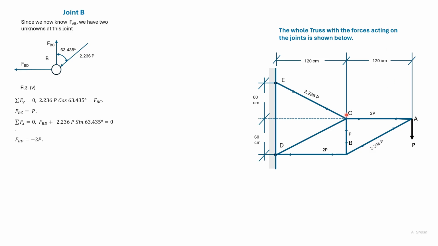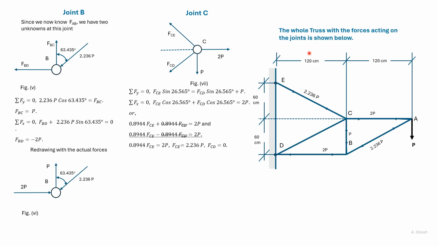So now we can look at the joint C because we know this force and this force. Here the summation of forces in the horizontal and the vertical direction gives two simultaneous equations for FCE and FCD. And solving the simultaneous equations, we get FCE and FCD. We find that FCD is 0.